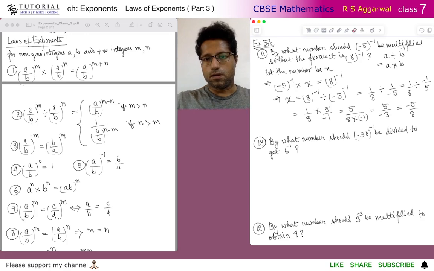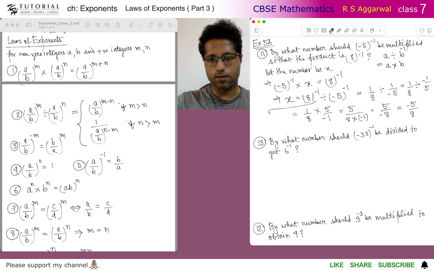So 8 reciprocal of 8 divided by reciprocal of minus 5, we could have directly written 8 minus 1 multiplied by minus 5.